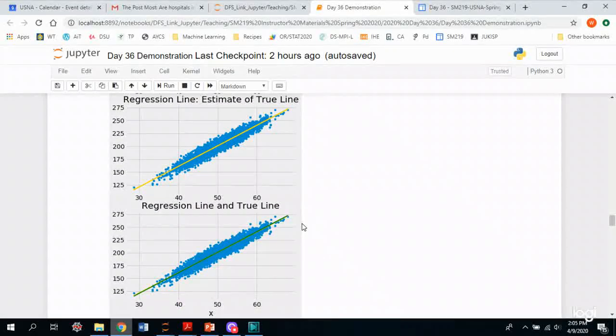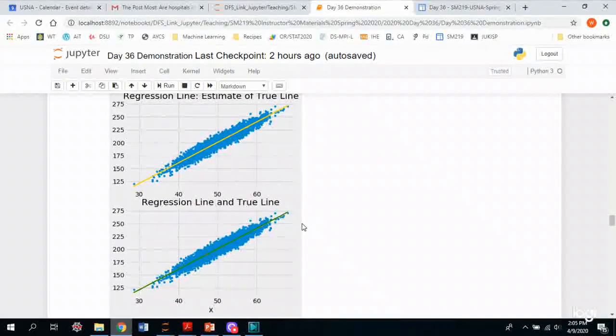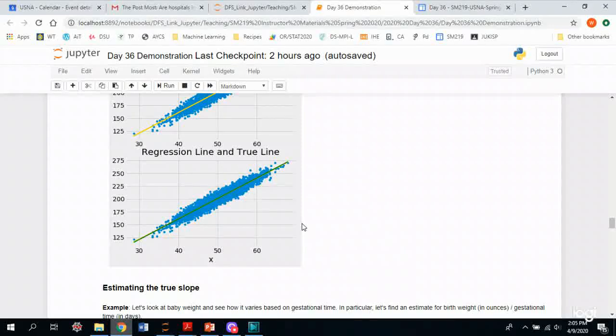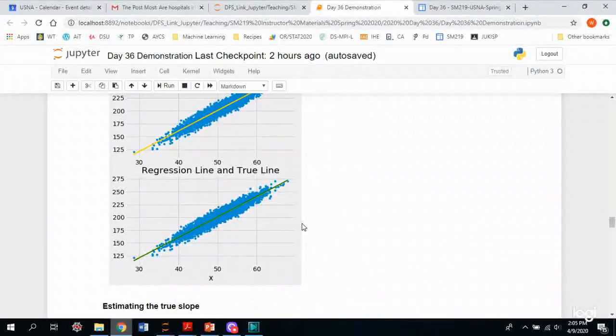And here again, the regression line is an incredibly good fit to the true line. Well, that's very promising. It suggests that with a reasonable number of samples, we should be able to estimate the true line very well with the regression line.